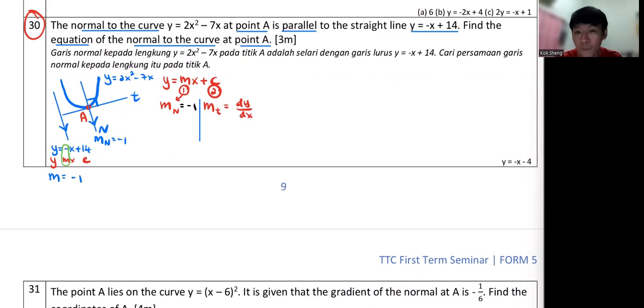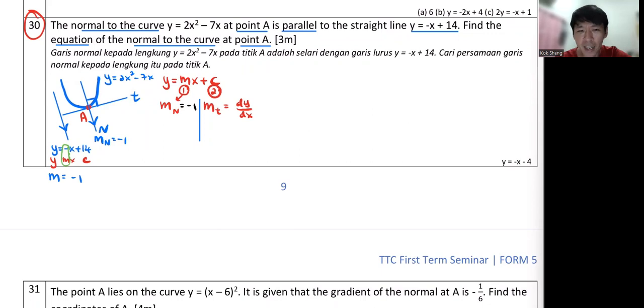We're going to use this formula again to get the point A. The reason is that this mt, you can see where they intersect, right? They intersect at point A. So if we can get the mt, the gradient of the tangent, then we can get back the point A already. After we get the mt, we can find the point A.